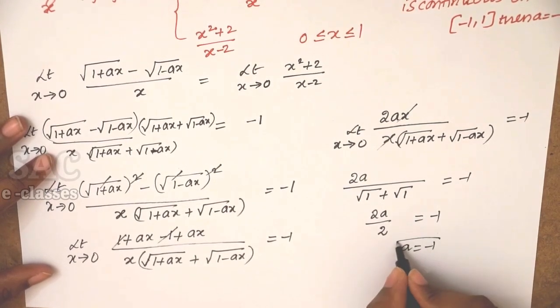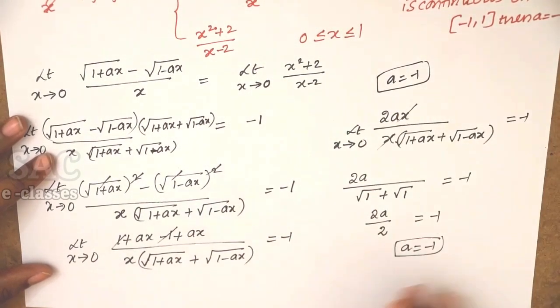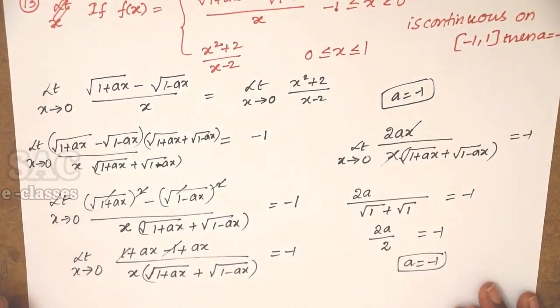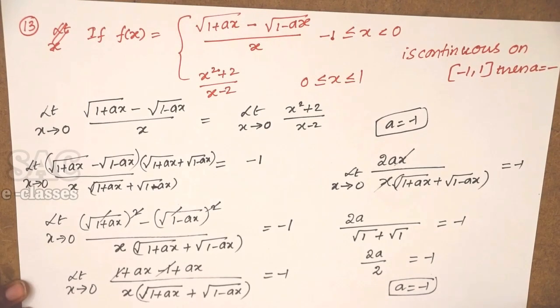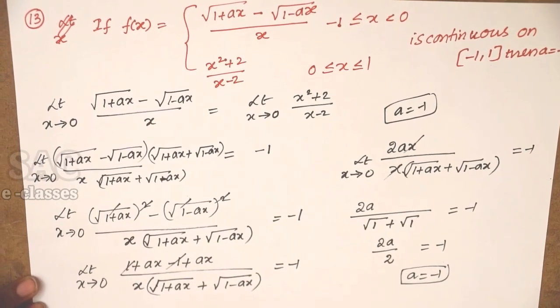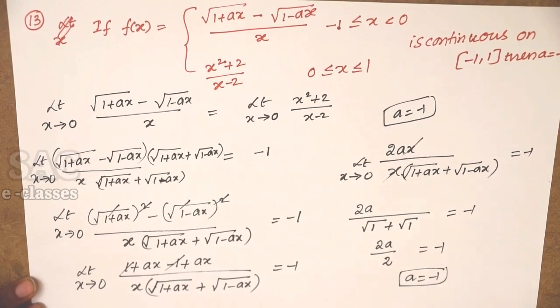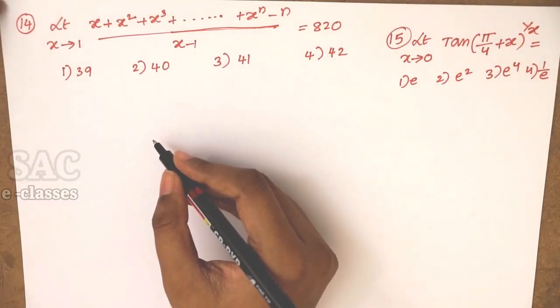So obviously a is minus 1. Very important. There are 2 to 3 problems like this. Those model problems and PYQs relevant to this kind of model, for these 20 models, will be given at the end of this video. Now look at the 14th problem.